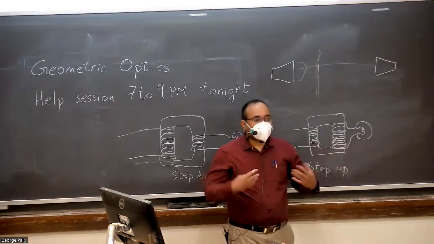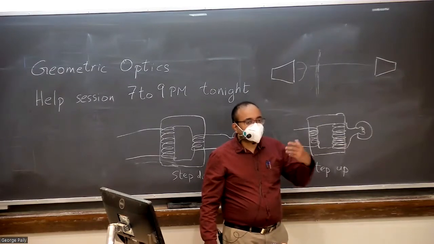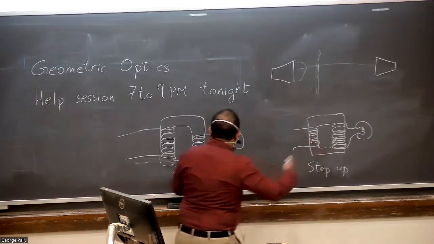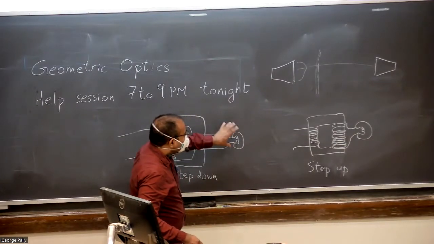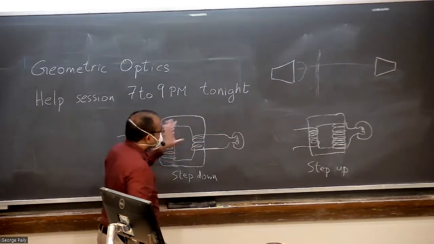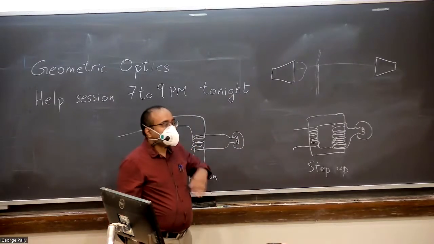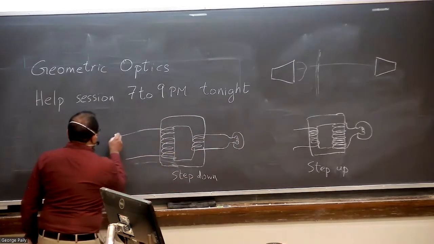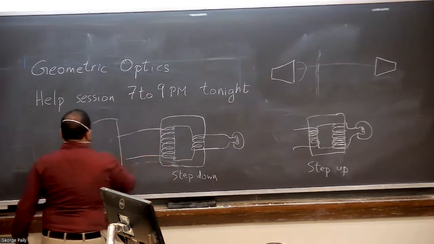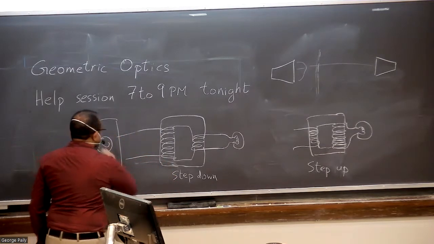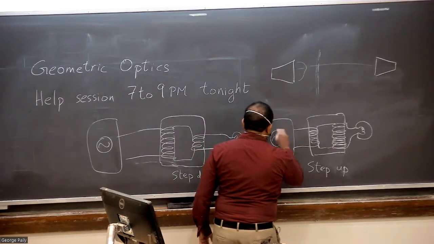Just like how a battery gives out different amounts of current or power depending upon the resistors you attach it to, in the same way, depending upon what is attached and whether it's a step up or step down transformer, the effective resistance is different. And so how much power comes from the power supply, or rather, this is an AC power supply, changes depending upon what load it is attached to.